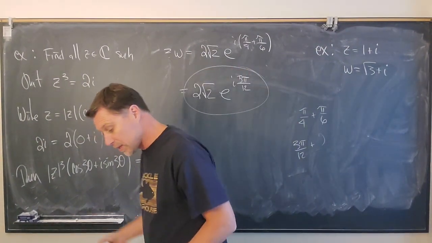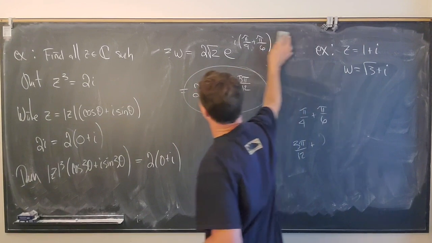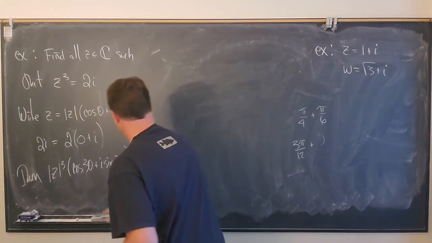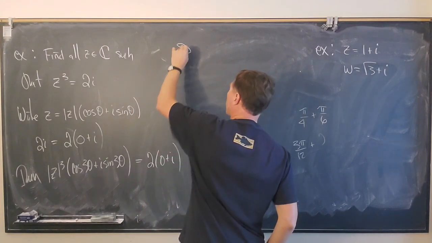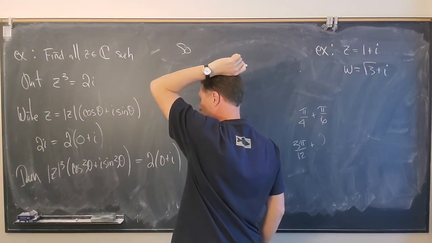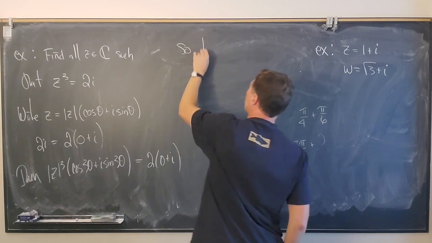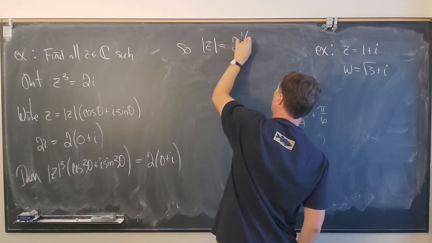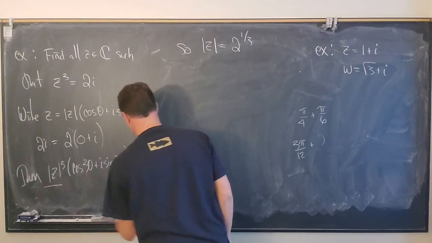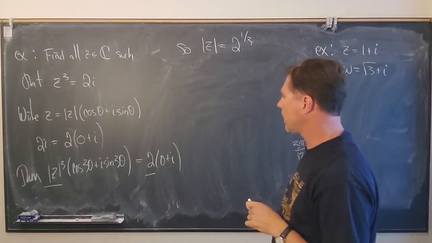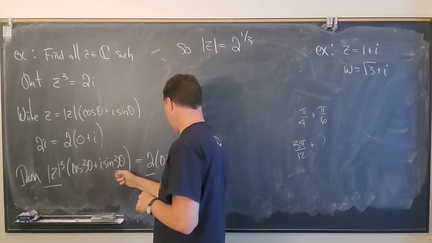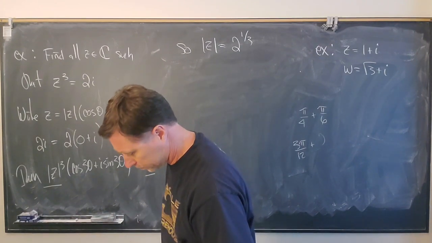So what does that tell us then? The modulus of z has to equal 2 to the 1/3, right? Because we can equate the moduli. And then we also know that cosine of 3 theta has to equal 0, and sine of 3 theta has to equal 1.